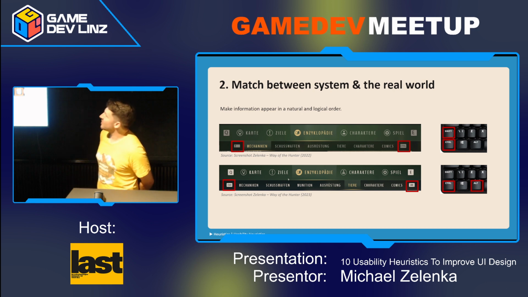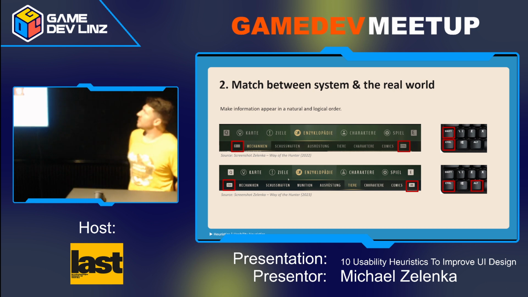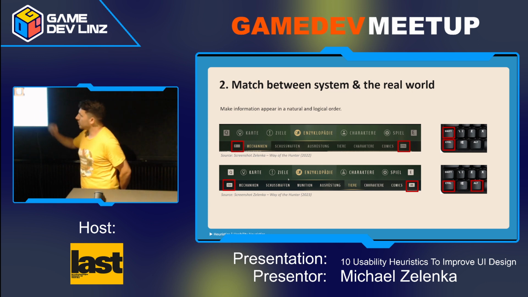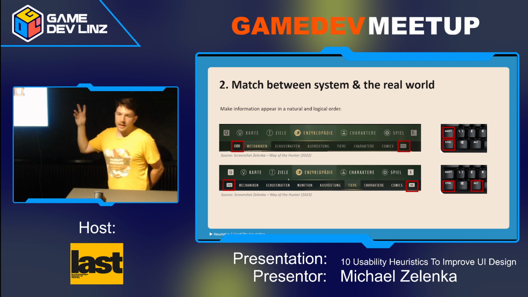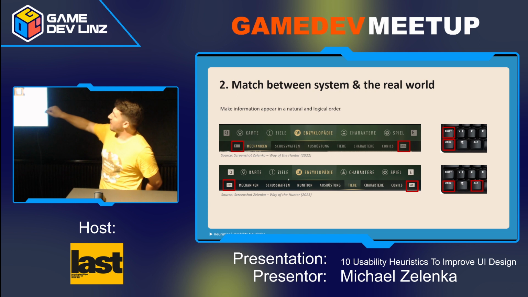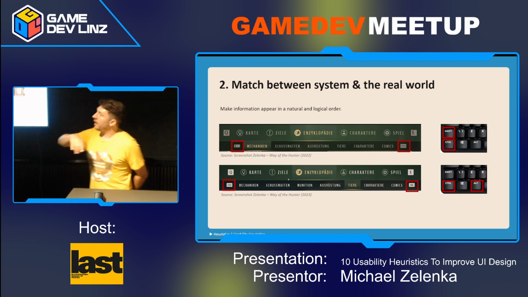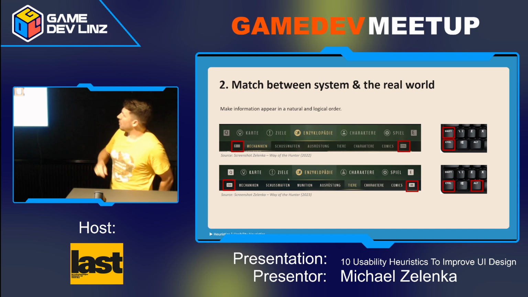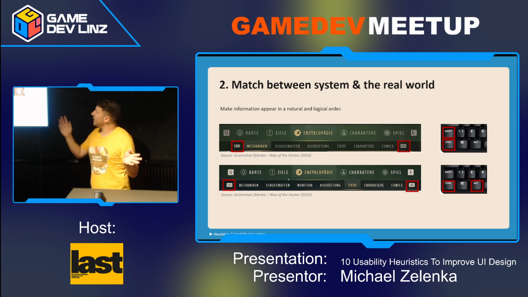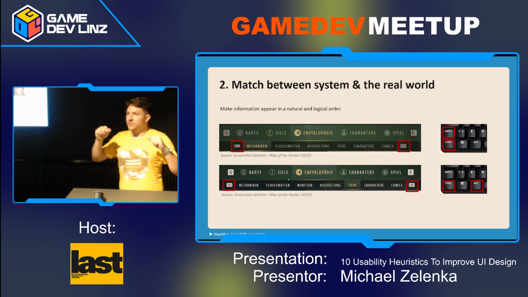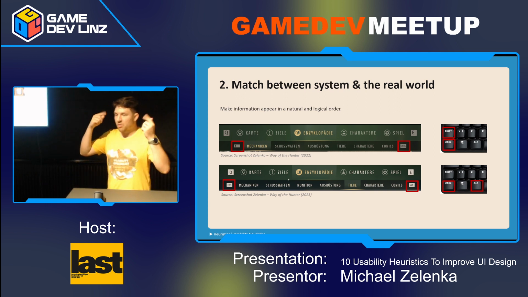The second one is match between system and the real world. You see an example from a game called Way of the Hunter. In the first release, you see the menu. You can go through the menu items by clicking Shift or Control. Shift is going to the left and Control is going to the right. So for the player, there is some kind of switching cost because they have to rethink.